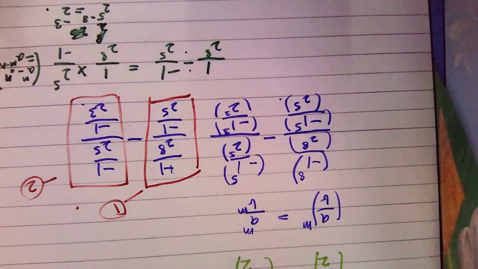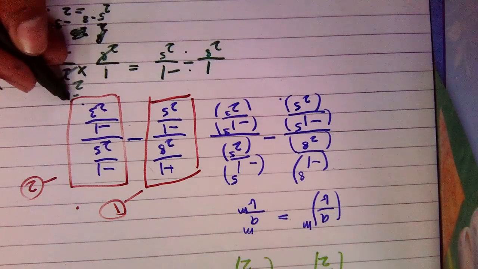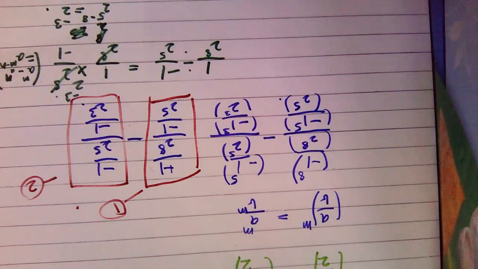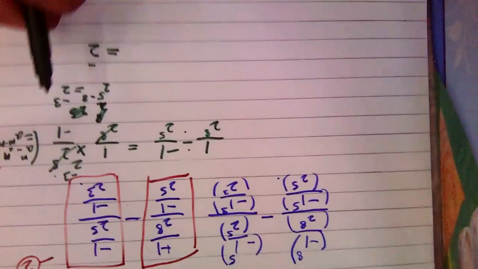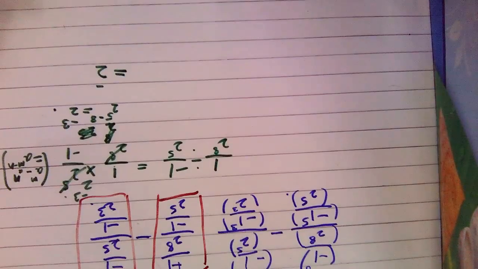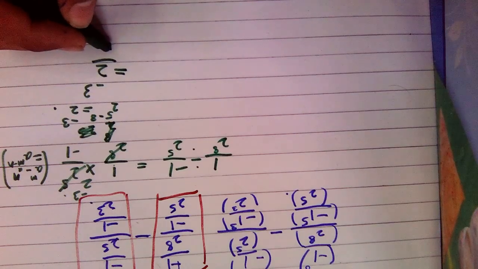This is the value of that. So these two get cancelled. 2 to the power of minus 3. You should always put the value on the numerator side, okay? So we have got the value which will be equal to 2 to the power of minus 3 by minus 1.